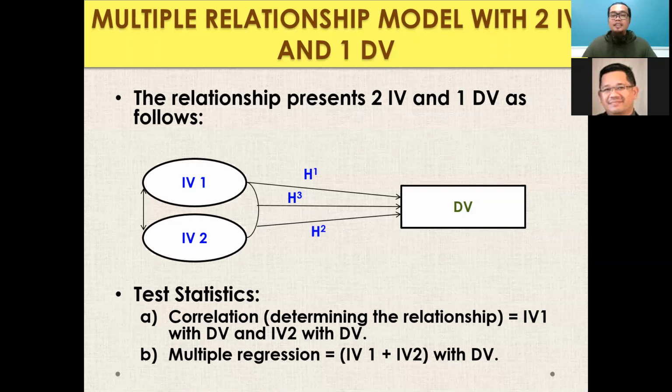For the test statistics, correlation determines the relationship of IV1 with DV and IV2 with DV. We can also integrate IV1 and IV2 combined in a direct relationship with the dependent variable, using multiple regression.